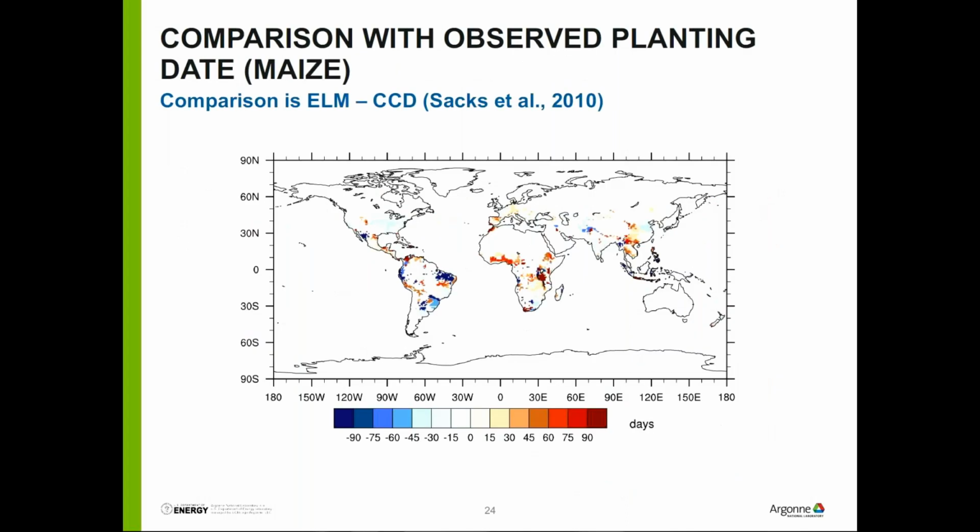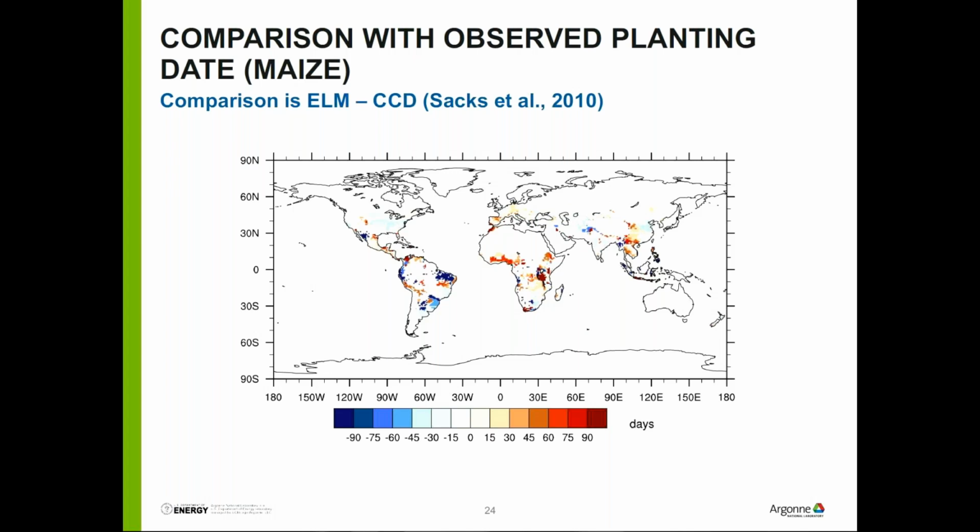And if we compare this with the observations, so this is observations from Bill Sachs' crop calendar data sets, you can see that in the northern hemisphere we do a pretty good job of capturing overall. We are a little bit early in the United States, we're a little bit late in Europe.